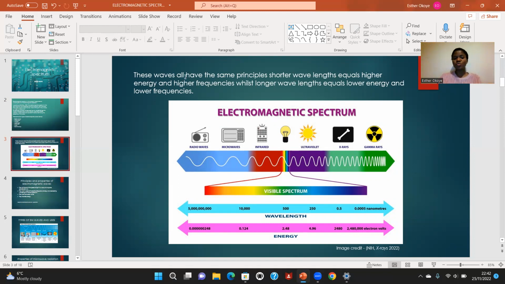These waves all have the same principle: shorter wavelength means higher energy and higher frequency, whilst longer wavelength means lower energy and lower frequency. Gamma rays, for example, have the shortest wavelength, the highest energy and the highest frequency.